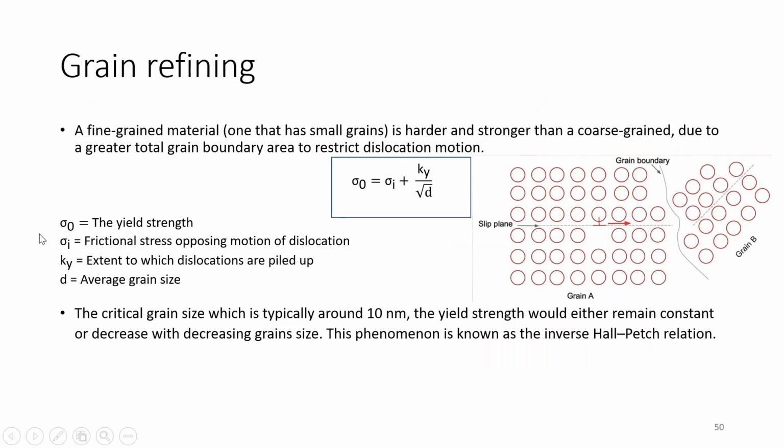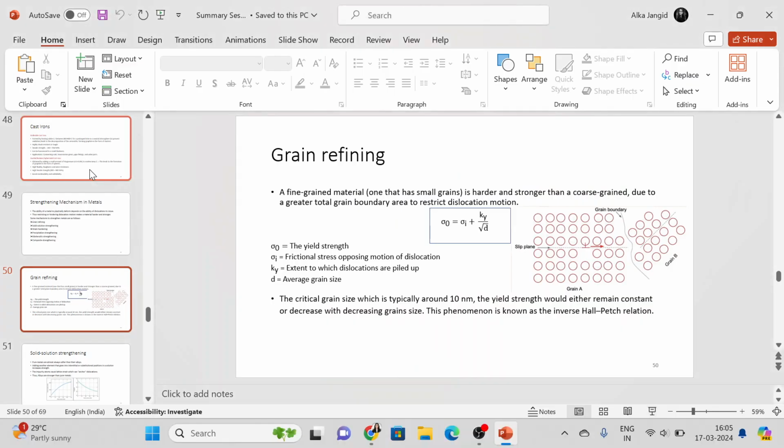Sigma naught is the yield strength of the material, sigma i is the frictional stress opposing motion of dislocations, ky is the extent to which dislocations are piled up, and d is the average grain size.